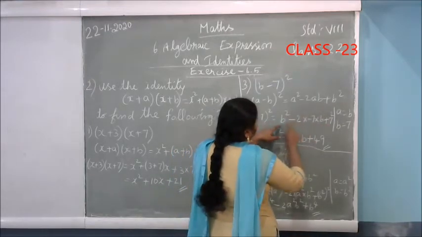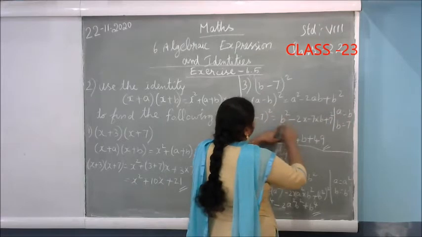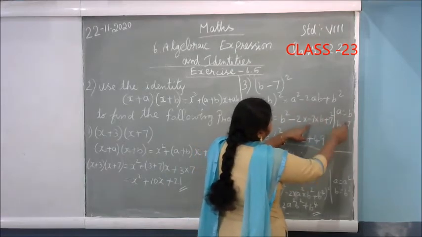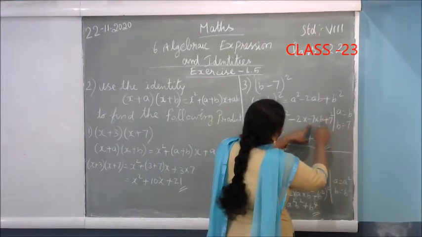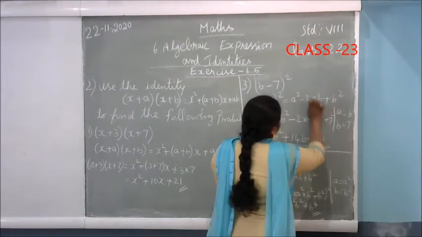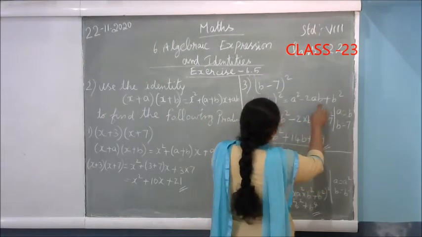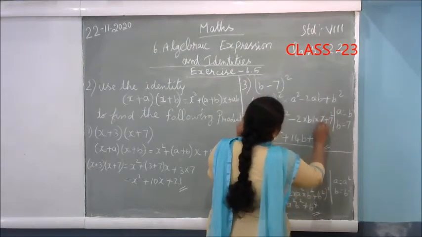Instead of a squared, a equals b, so b squared will come, minus 2, and instead of a you write b, and instead of b, 7 will come.